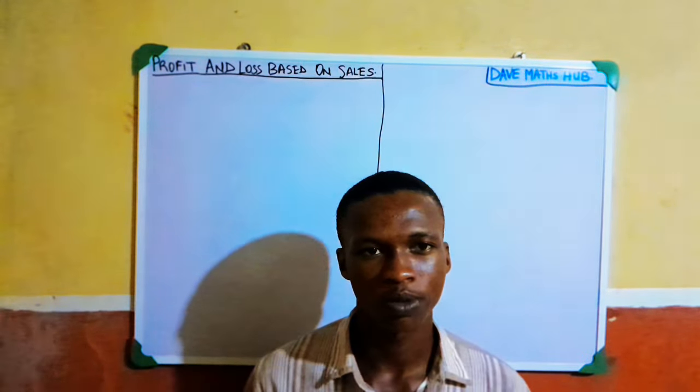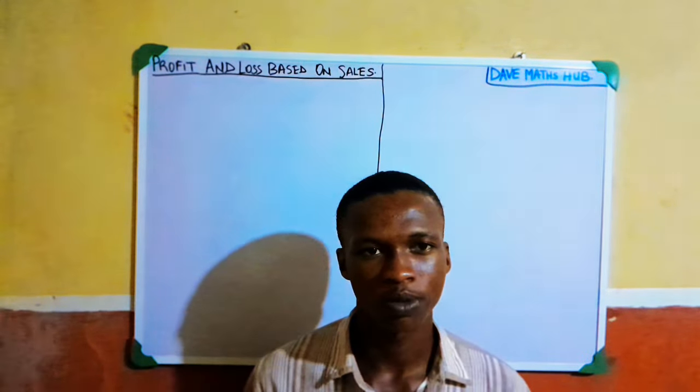So 100 divided by 12 gives us 8.3 percent. Now this is calculating per basket.